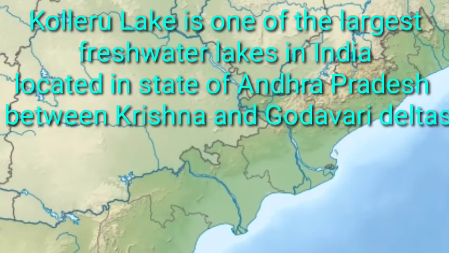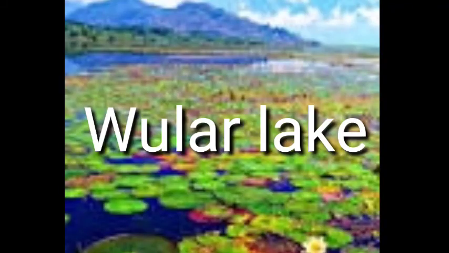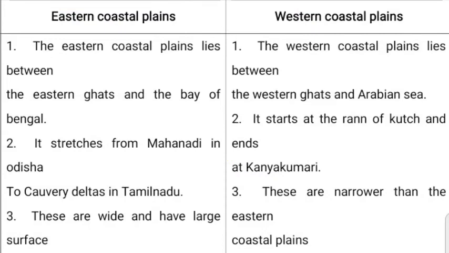It lies 15 kilometers away from Eluru and 65 kilometers from Rajahmundry. Kolleru bird sanctuary is also there. Similarly, Wular Lake is a freshwater lake in Jammu and Kashmir. And Pulicat is located on the Andhra Pradesh and Tamil Nadu border.